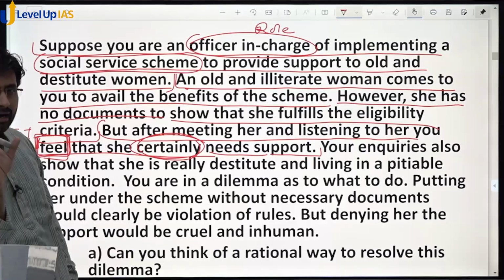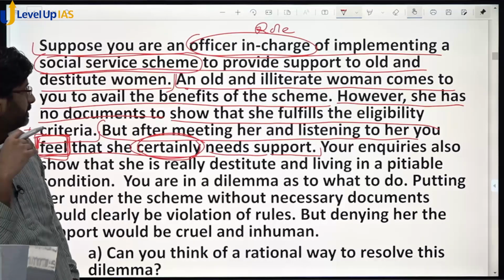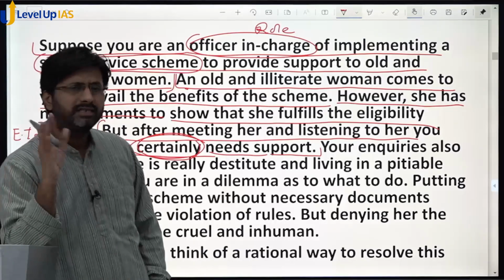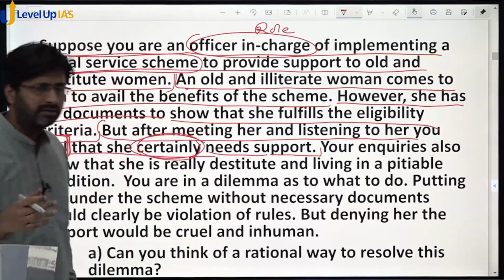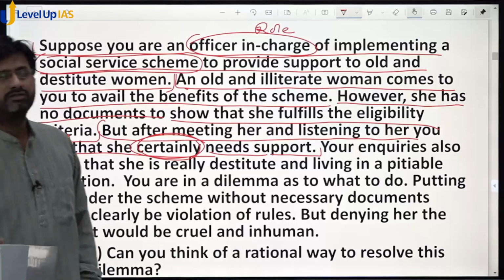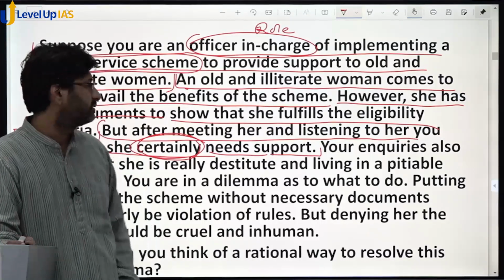तो अभी तक आप are in the direction of kind of assuming कि she needs it, she actually is a needy person, perhaps follows the eligibility criteria, may not be on the paper, but in real life she is.